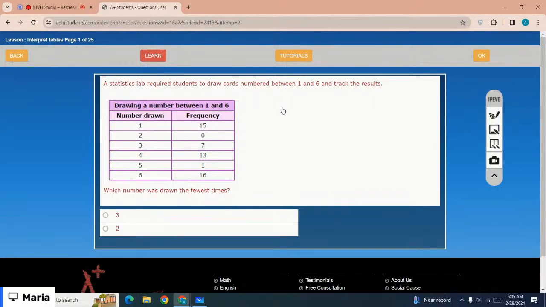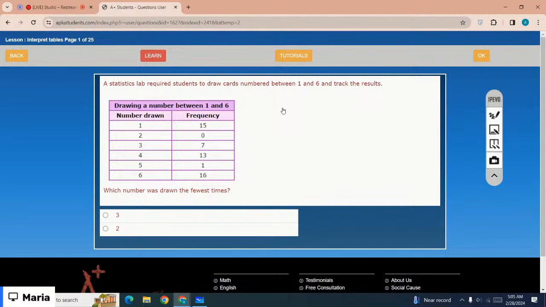So here is a table, you have a column number drawn and frequency, right? Which number was drawn the fewest times?